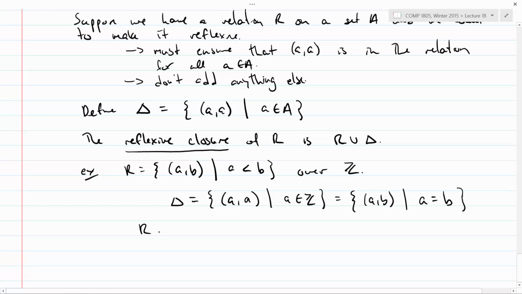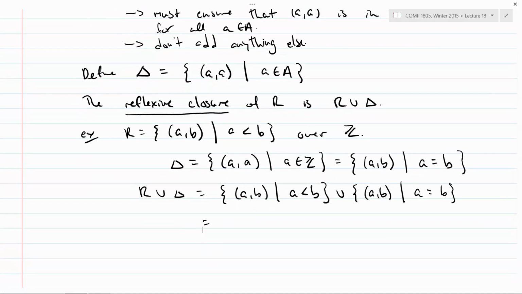And now if I take R union delta, that's {(a, b) such that a is less than b} union {(a, b) such that a equals b}. And what's that? It's (a, b) such that a is less than or equal to b.